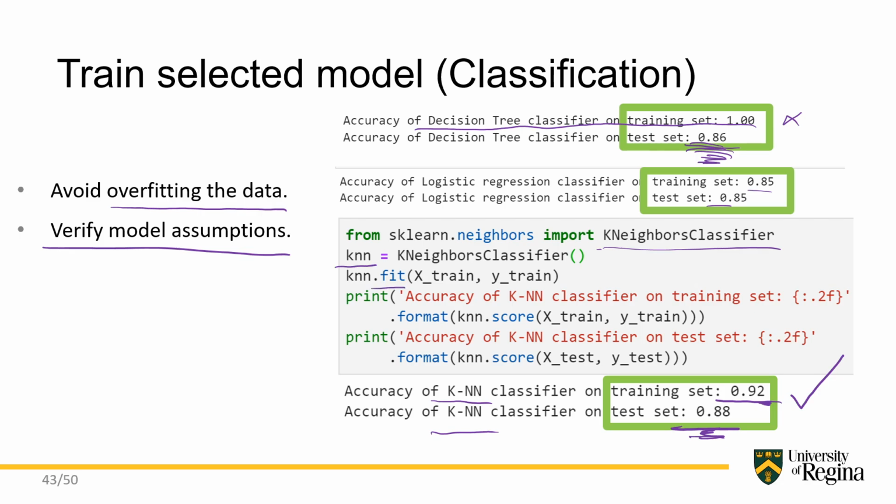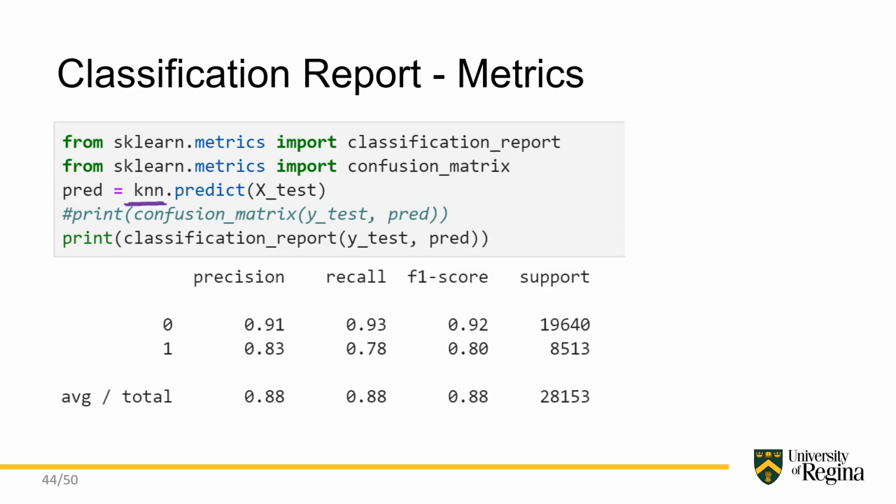Fit will actually train your model. In order to train a model, you provide the X of train and Y of train, because you need to provide the label data so that the model can train itself.